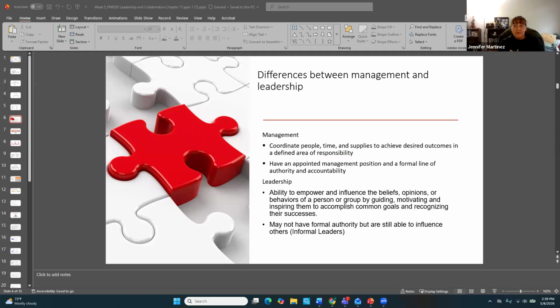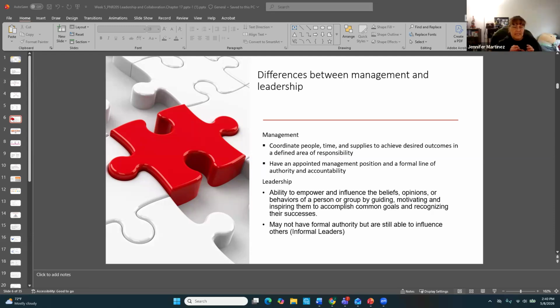So, has anybody heard the term informal leader before? Nobody's heard. So, raise your hand if you're already a CNA or work in healthcare. All right. So, CNAs or working in healthcare, we all know that one CNA, right? That's been with the organization for 100 years, who knows everybody, who knows where to go to get what they need, who to talk to, right?